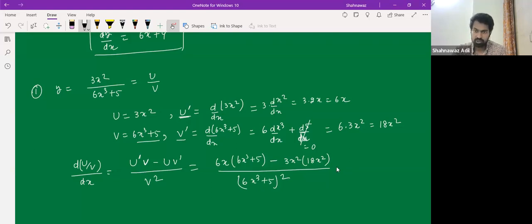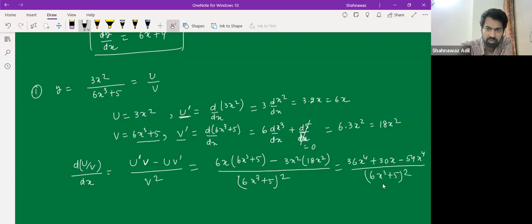So this would be how much? This is 36x^4, and this is 30x, and this is 54x^4. Right, so this would be over 6x cubed plus 5 whole square.